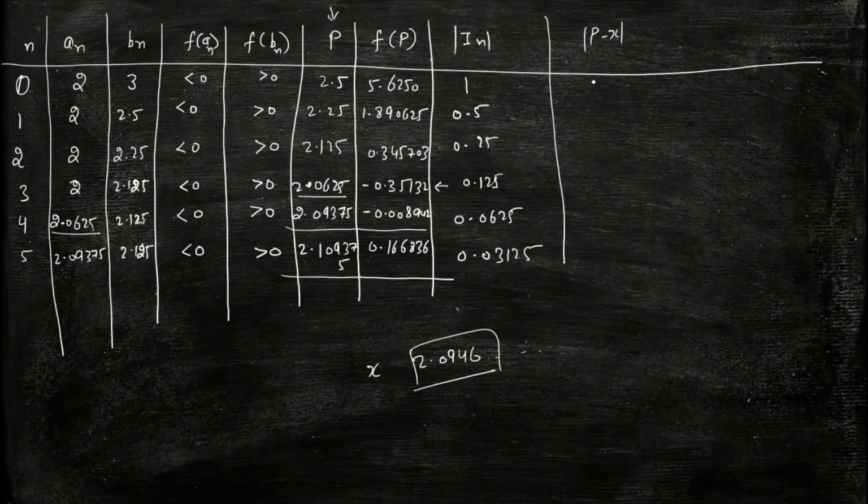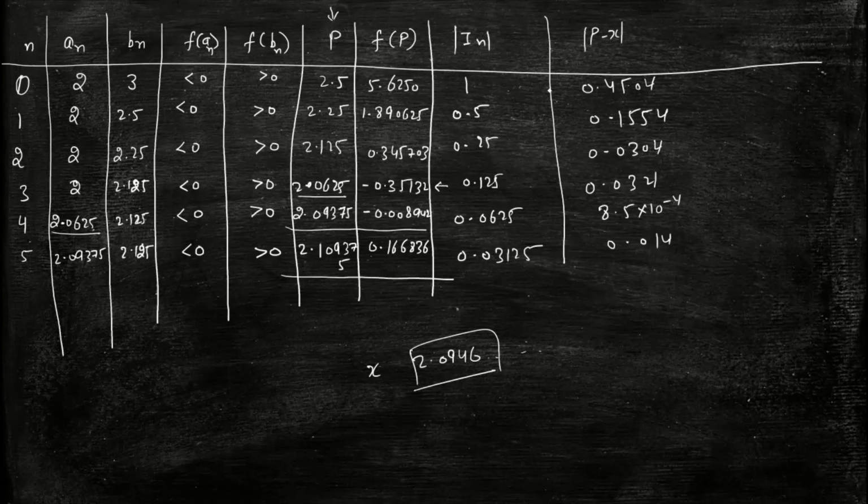Here the difference is 0.4504. At the next step the difference is 0.1554. At the next step it is 0.0304. At the next step it is 0.0321. At the next step it is 8.5 into 10 raised to the power minus 4. And at the last step we have an error of 0.014.